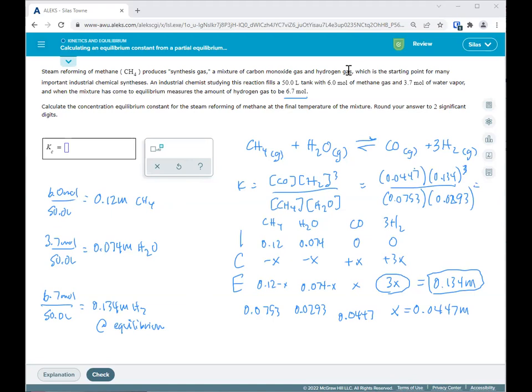And then I've got to solve for K. Now make sure you're careful with the calculator on this one. And I get K equals 0.0487. And it says to go to 2 significant figures. Okay, so let's try 0.049.